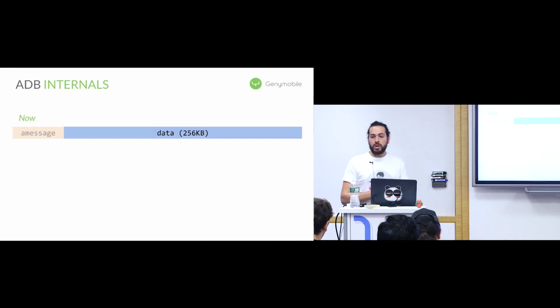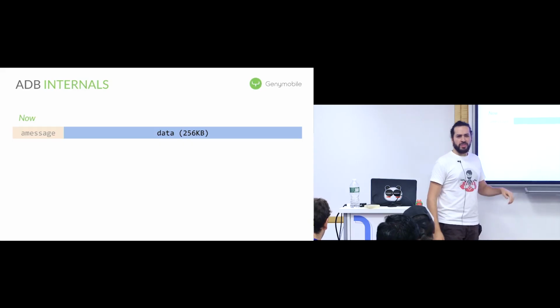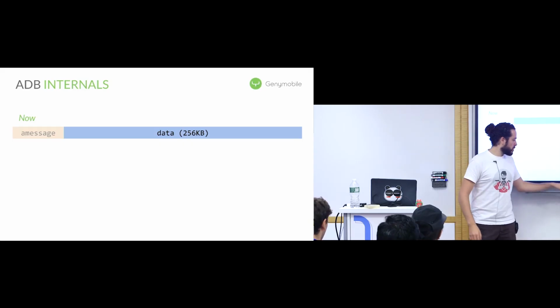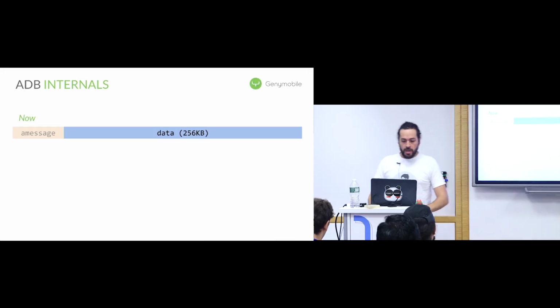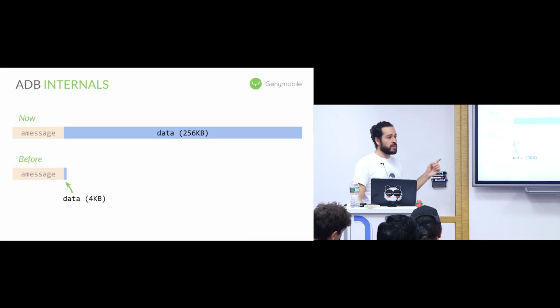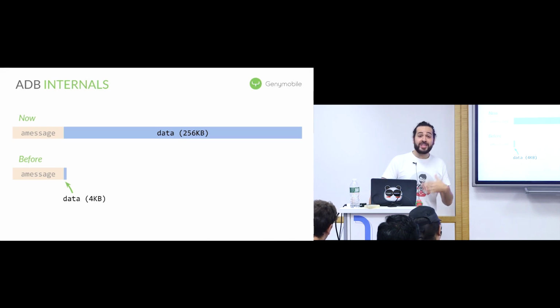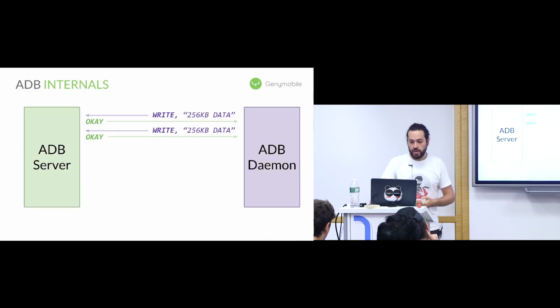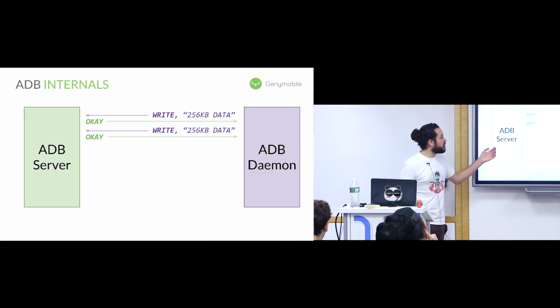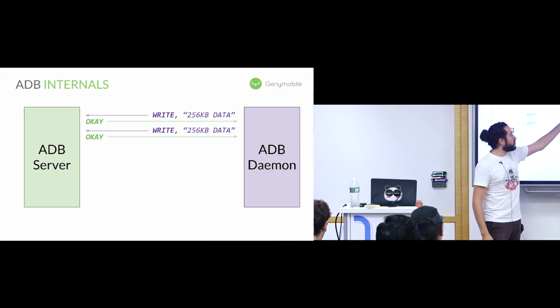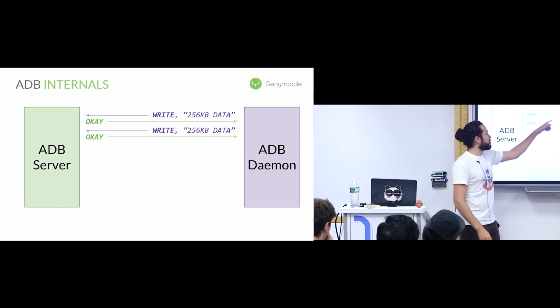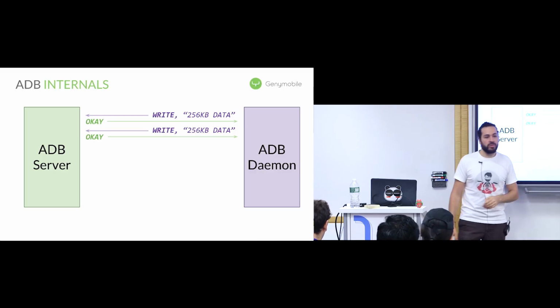So on the current devices and the current ADB, the maximum message payload size is 256 kilobytes. But before, it was 4 kilobytes. So if we try to figure out what's really happening and what the change is, we have this example of a payload that requires two writes from the daemon, so 2 OKs in return.